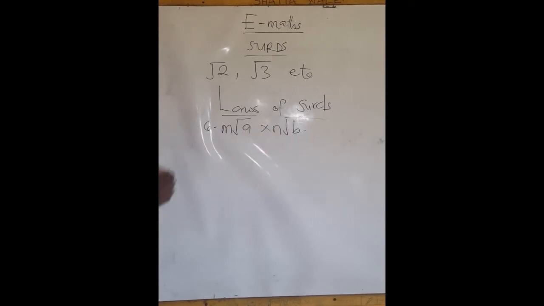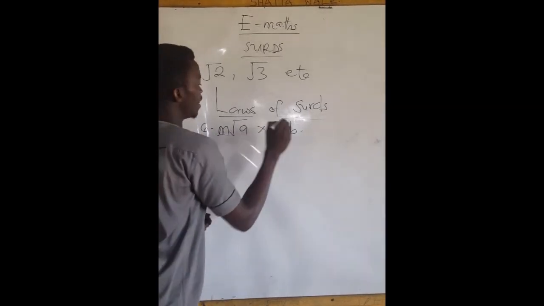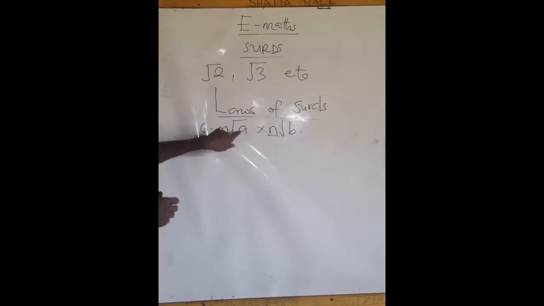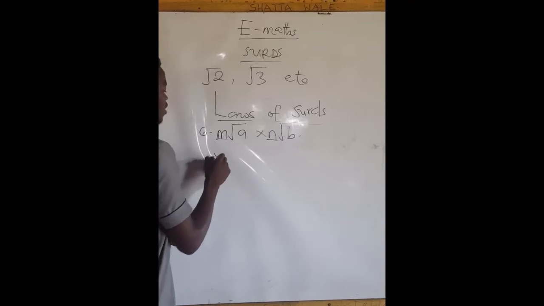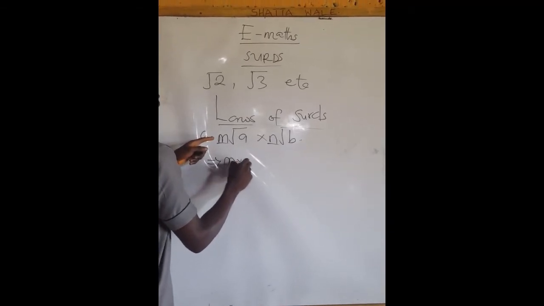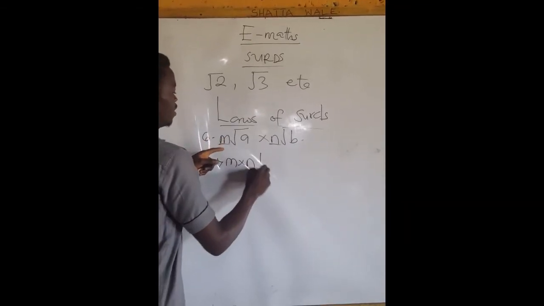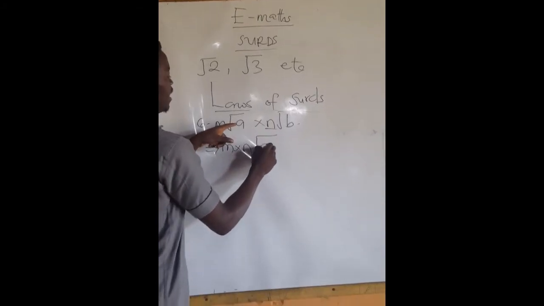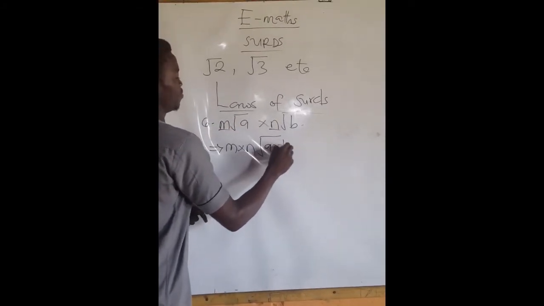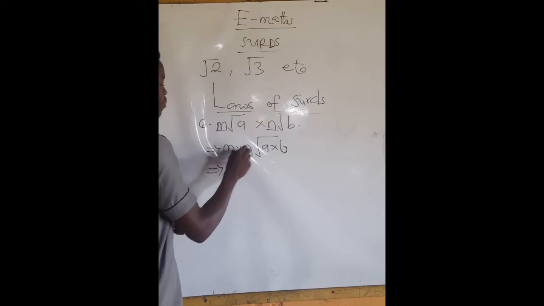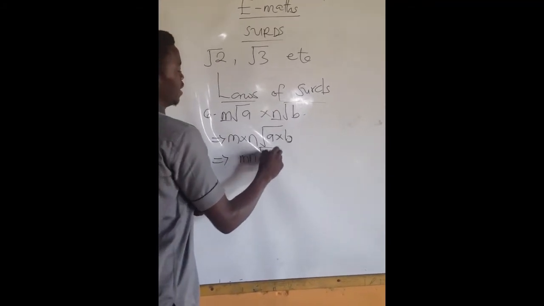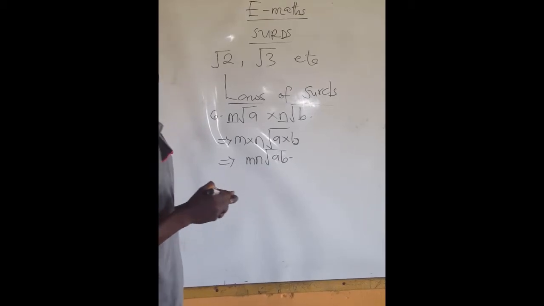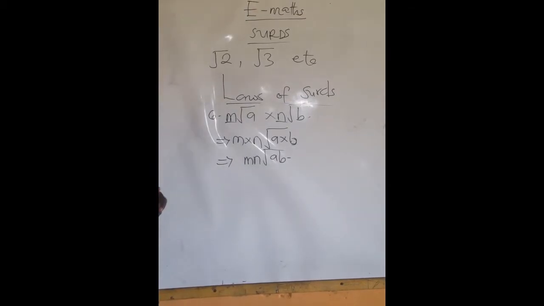What we do is we multiply the numbers outside the square root, then we also multiply the numbers inside the square root. So you are going to get your m times your n, then the square root of a times b. This is going to give us m times n, which is mn, multiplying the root of ab. Okay, so that's our last law.